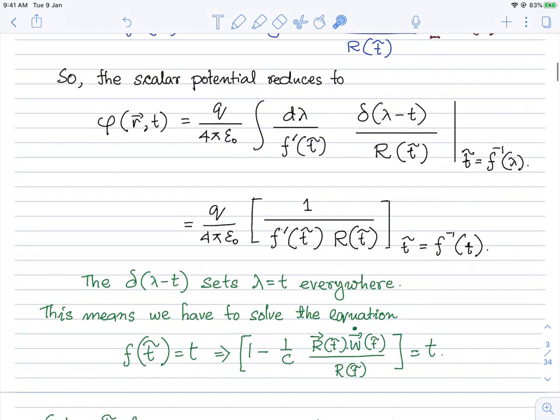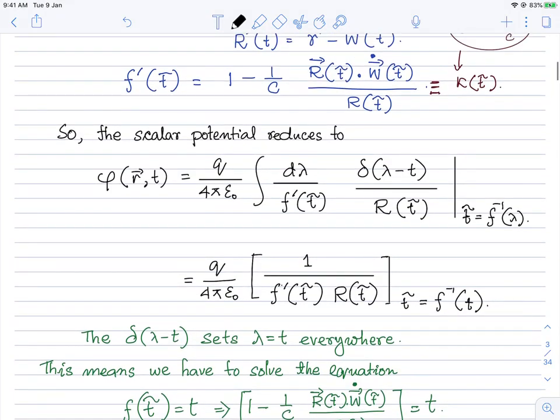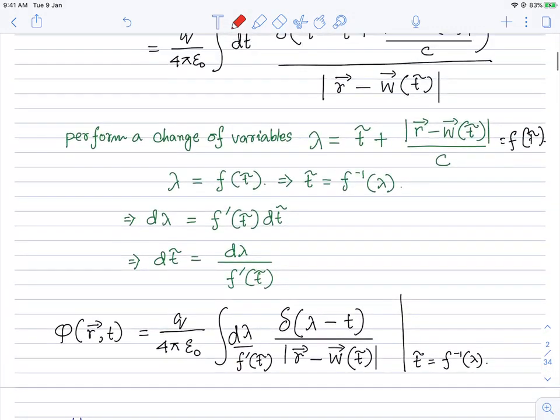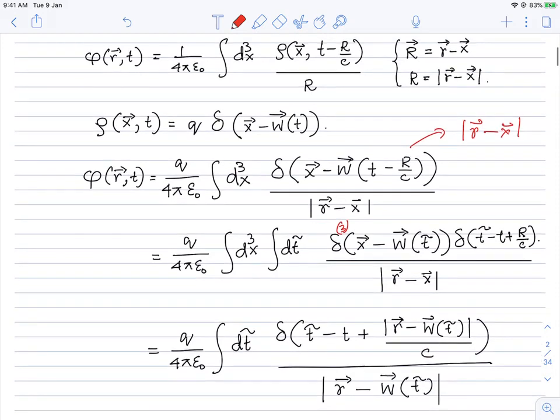I would like you to notice what this whole operation with the delta function did. Initially, if you remember, this factor was obtained from this integral. So initially we had to perform this integral, right?